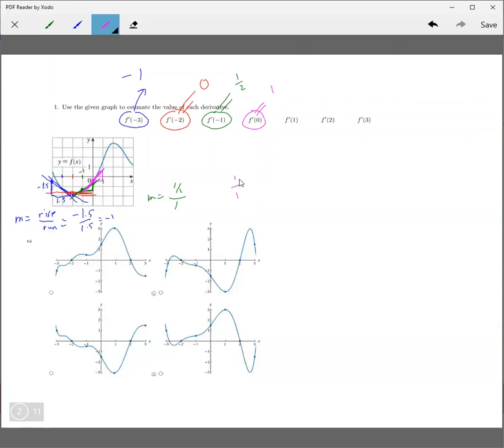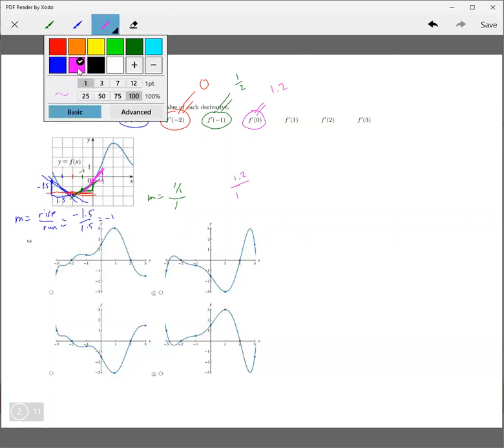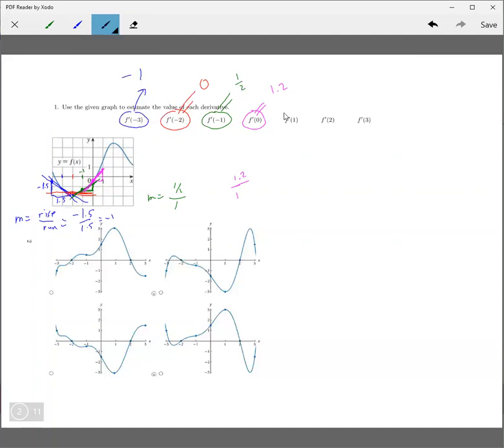Or maybe up by a little bit more than 1, so maybe 1.2. Okay, so let's try 1.2. Because from here to here, that's a little bit more than 1. So going up by 1 would put us about right there. That's a little bit more. Okay, so you just kind of have to estimate these.